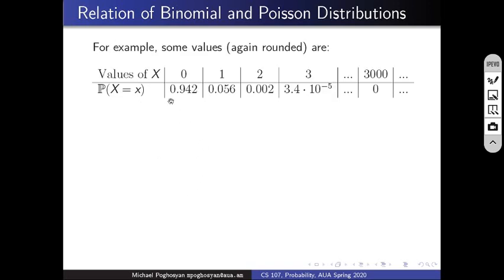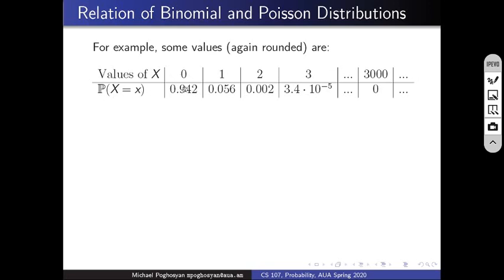Now I will give the values for different k's. So the values of x can be 0, 1, 2, 3, etc. Please note one difference between Poisson and binomial. Binomial was up to 3000, but the values of a Poisson random variable can be any non-negative integers.